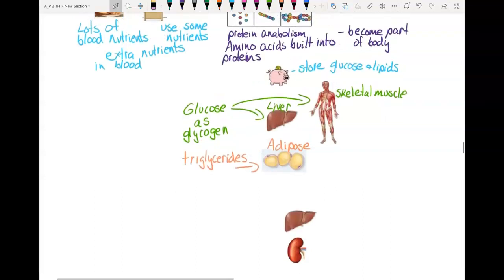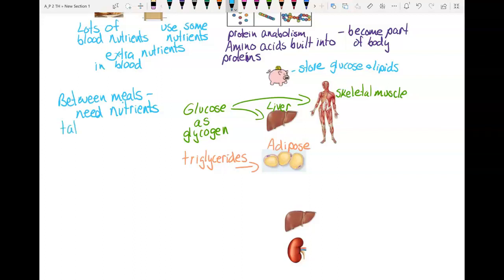Then later, between meals, when you need nutrients, you're going to pull these back out of storage. So you can take the glucose and the lipids back out of storage and use them.